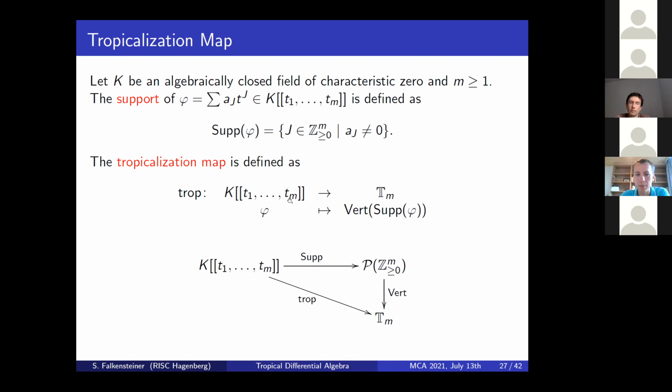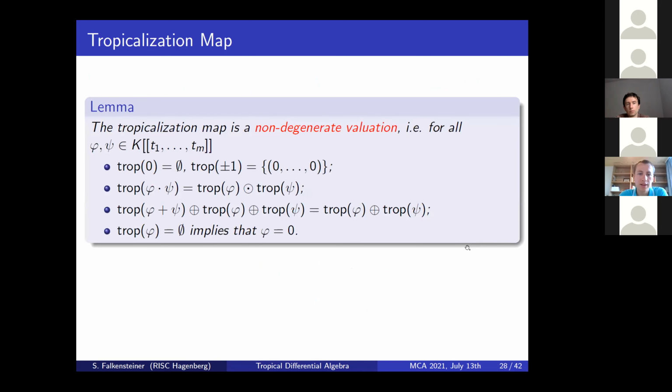If m were equal to 1, the ordinary case, then this would correspond to taking the minimum of the support set. This tropicalization map fulfills the properties of a non-degenerate valuation. This is a slightly more general notion of valuations.